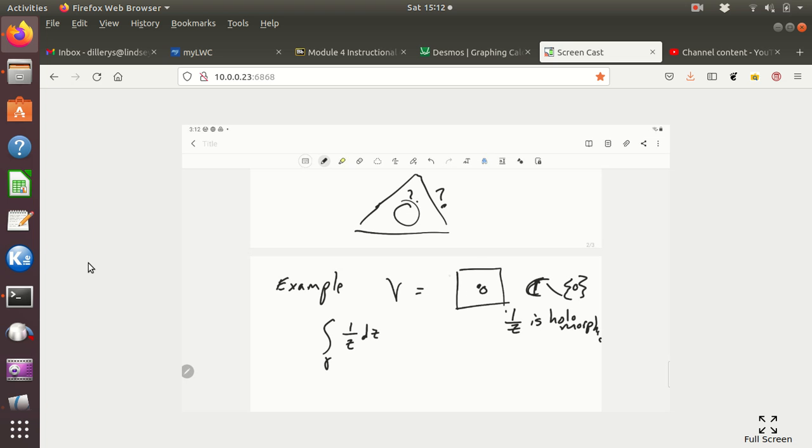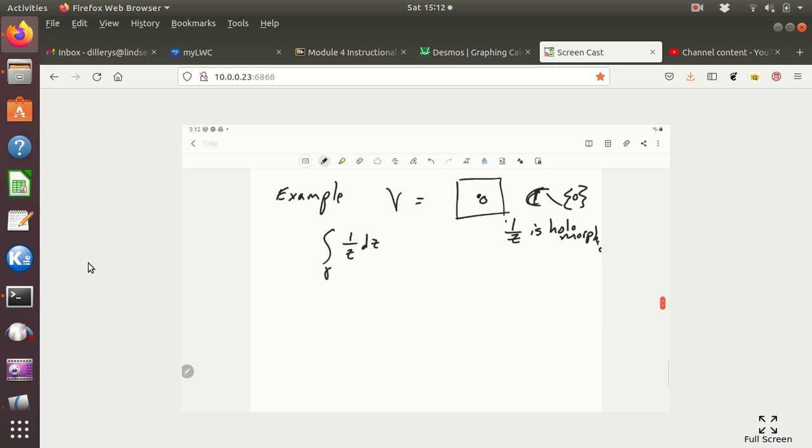Well, yeah, that may be hard, but they point out, and I think they said this is one of the exercises, I haven't looked at them all yet, that if you let gamma 1 equal e to the i theta, with theta from 0 to 2 pi, we can show the integral over gamma 1 of 1 over z dz is equal to 2 pi i.